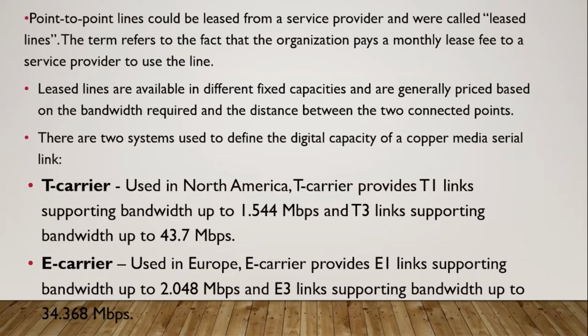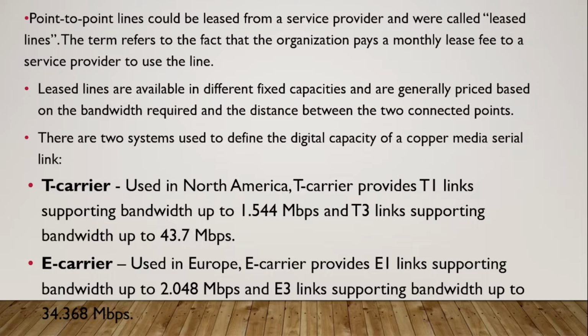The T1 or the T carrier is used in North America. The T carrier provides a T1 link supporting a bandwidth of up to 1.544 megabits per second, and the T3 link supporting bandwidth up to 43.7 megabits per second. This is the T carrier.